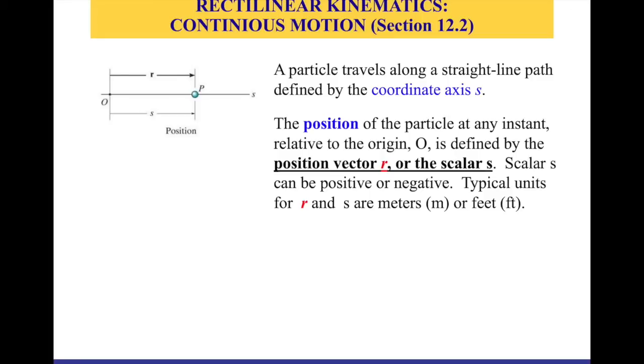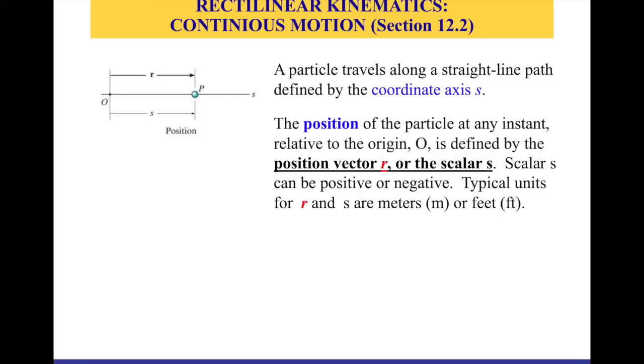You need to make sure whether you're going to the right or to the left. If you're going to the right, that's positive, and if it's to the left, that's negative. Because we are now dealing with position as a vector, direction and position are very important. So the scalar s can be positive or negative depending on our reference point.